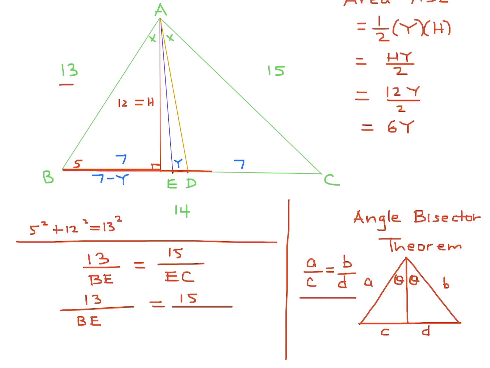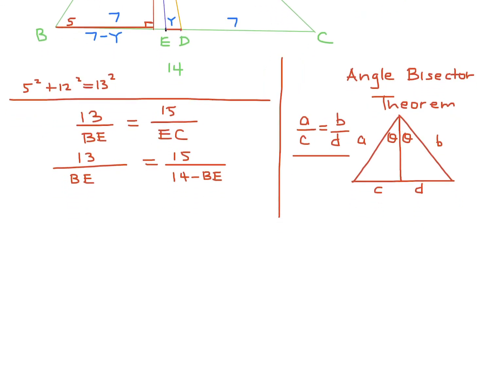Well, the full distance from BC is 14, right? So EC is 14 minus BE, like that. And then if you solve for this, you'll get 182 minus 13 BE is equal to 15 BE. And therefore, 28 BE is equal to 182. And therefore, BE is equal to 6.5.